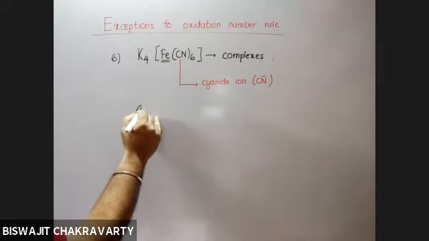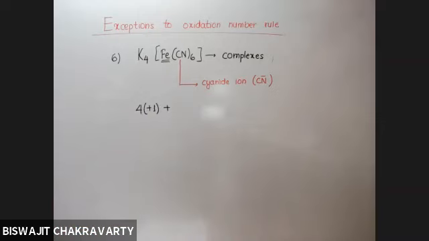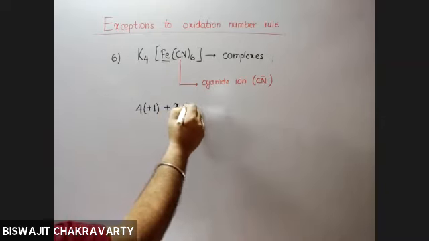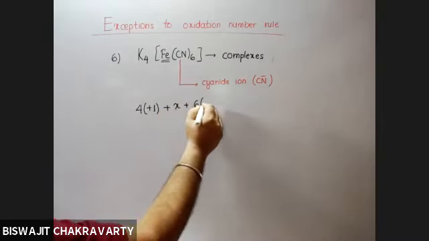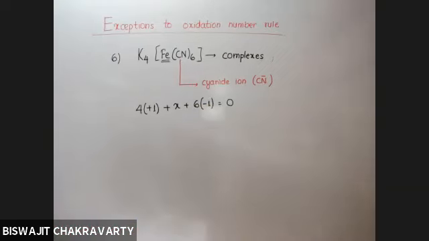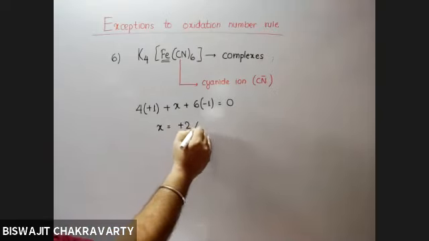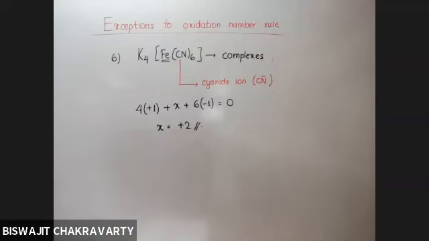Each potassium is +1. Have you taken +1 for potassium? Yes, sir. Iron is x and each cyanide is -1 and overall is 0. Okay. So accordingly, what will be the value of x? Will it not be +2? Just see. Yes, sir.